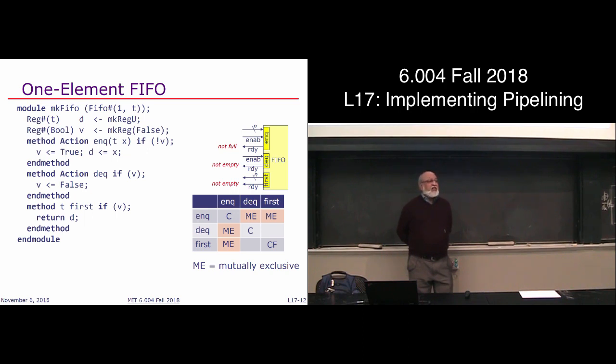Now you tell me the relationship between DQ and first. Can they be enabled together? Yes, they have the same condition, right? Do they ever update the same thing? First doesn't update anything, right? So there is no double write error. So if I do them in parallel, how will it behave? First happens before DQ. You pull something out and then you do the DQ, right?